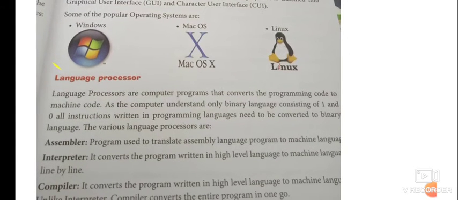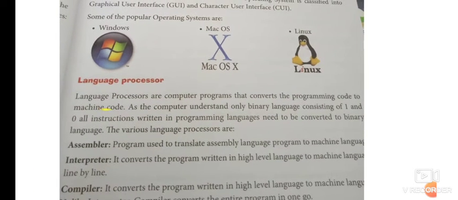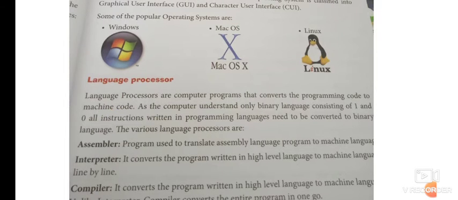Now come to the language processor. The language processor is also system software. Language processors are computer programs that convert programming code to machine code. We all know that a computer works at the machine level, so all the instructions and programs need to be converted into machine code. This is done by the language processor.